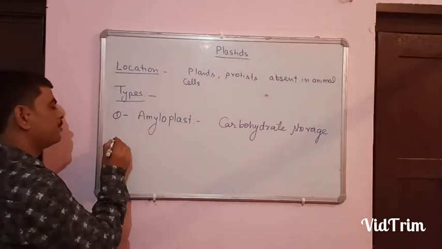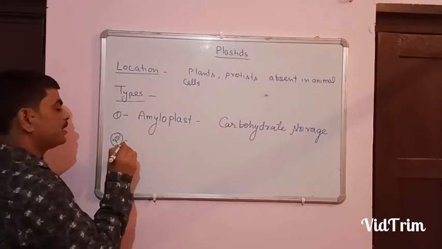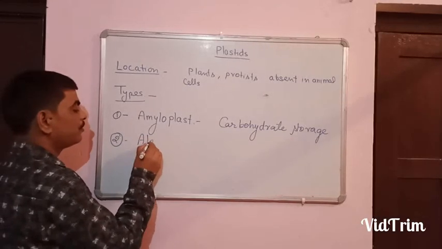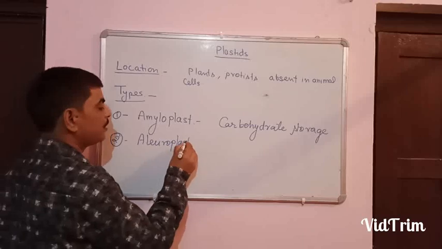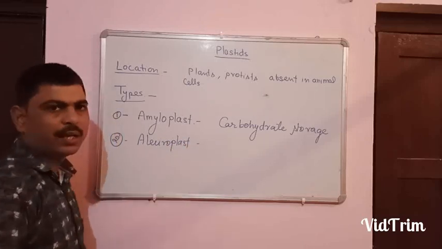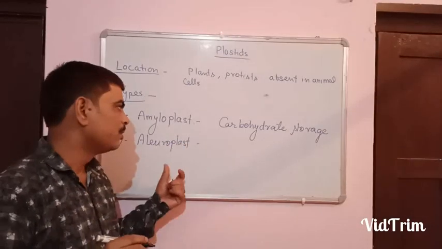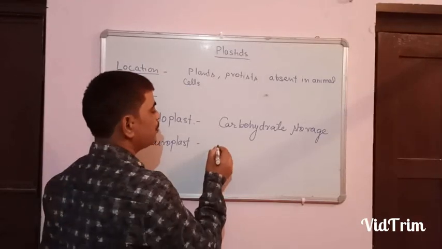The second type of leucoplast is aleuroplast, and this aleuroplast is used to store protein.